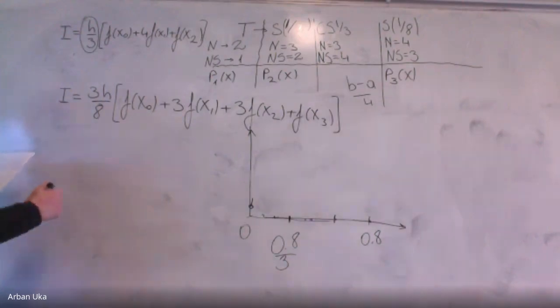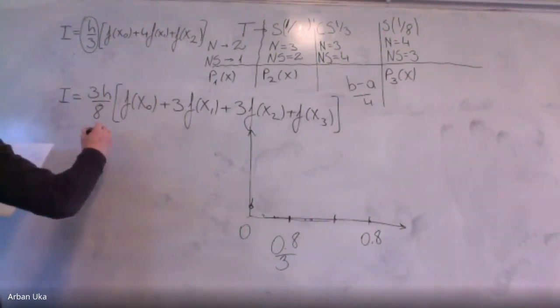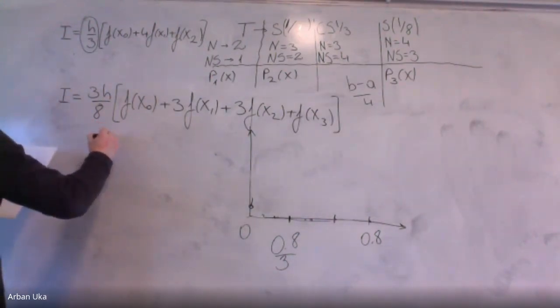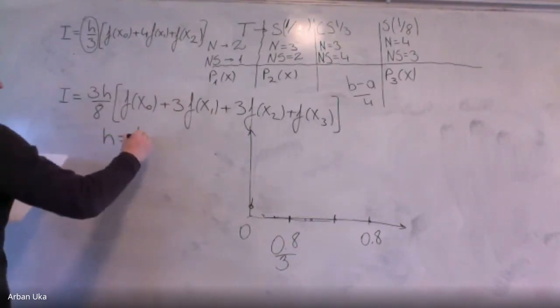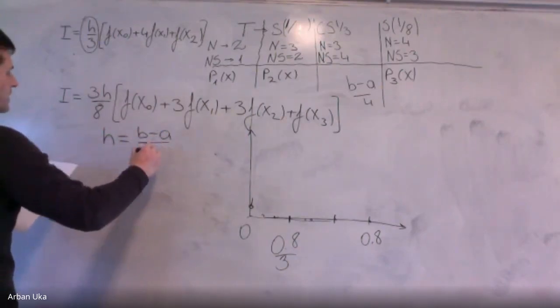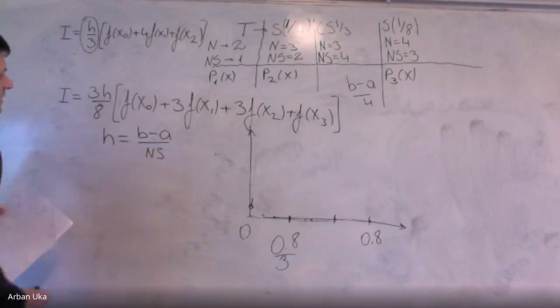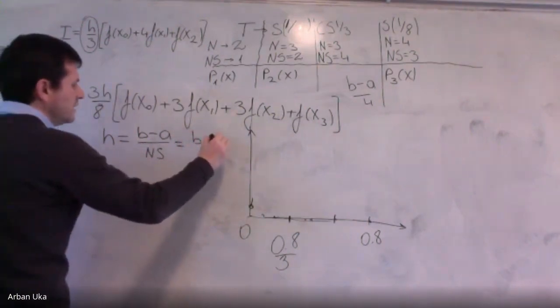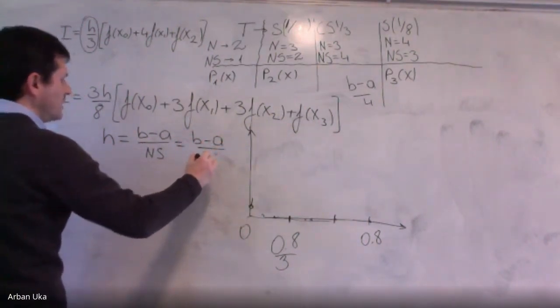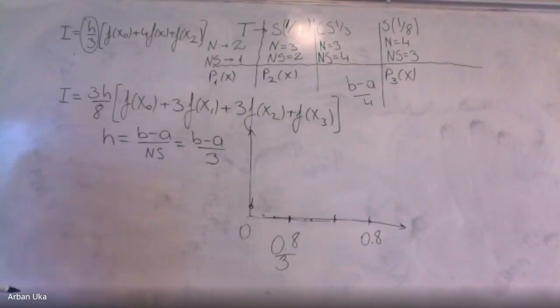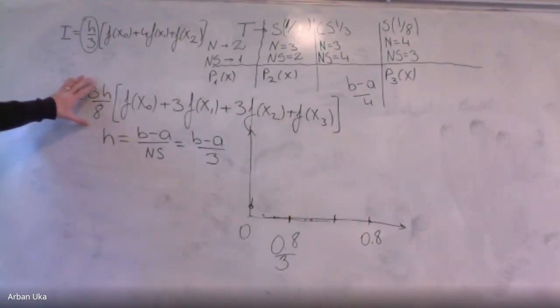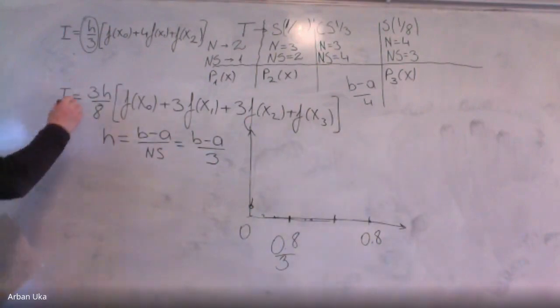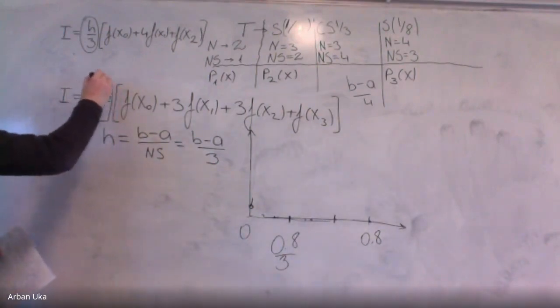And the h here is going to be b minus a divided by the number of segments, okay? And the number of segments is equal to 3, right? So this is equal to b minus a divided by 3. So if we substitute here the b minus a over 3 instead of the h, this factor will be substituted.